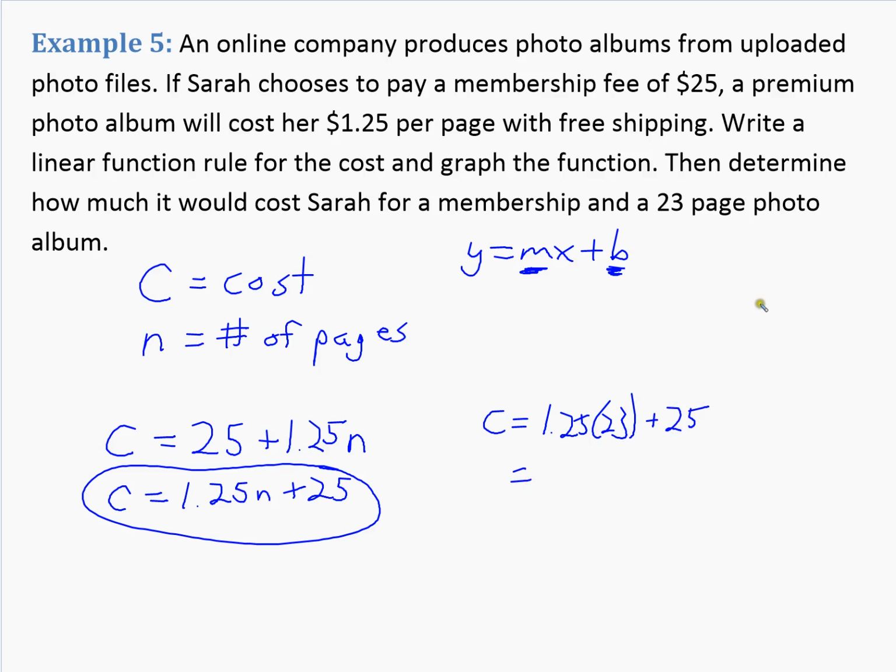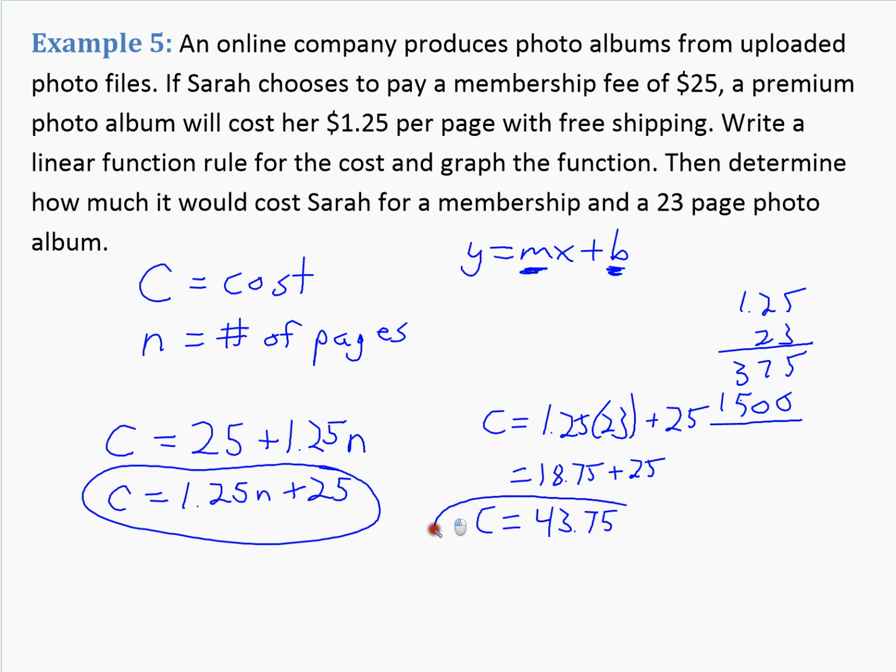So we'll do 1.25 times 23, and we get 28.75, if I did my multiplication correctly. 28.75 plus 25 will give us a total of 53.75. So with the membership fee and a 23-page album, as long as I did my math right, it's $53.75.